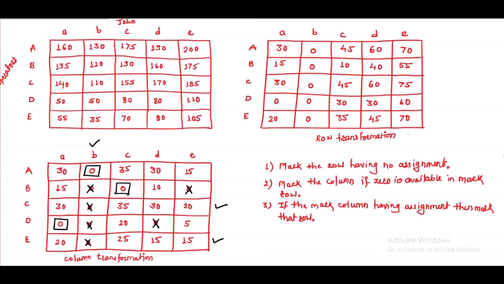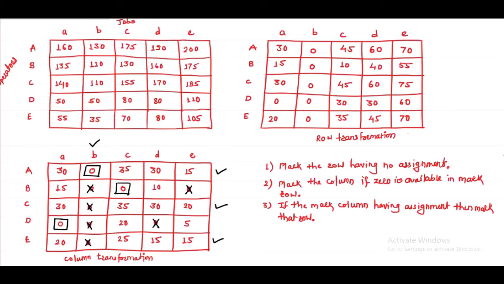So which one is the marked column? Second column is the marked column. Now we have to check whether an assignment is available in this particular marked column. Assignment is there. In which row is the assignment? In the first row. So we have to mark that particular row.